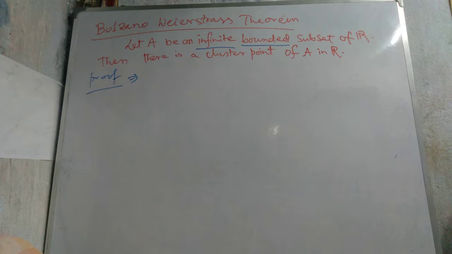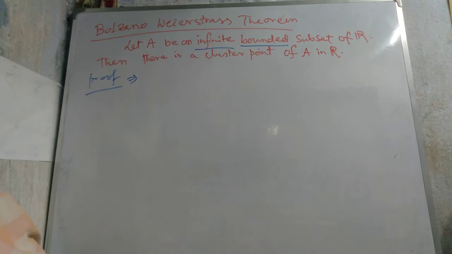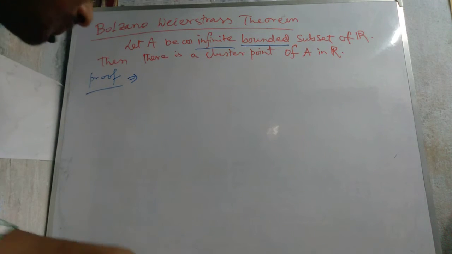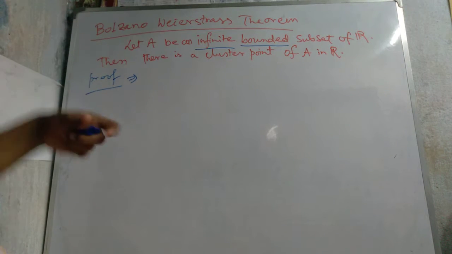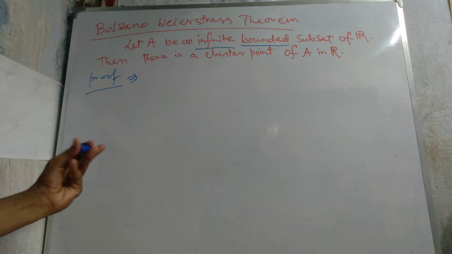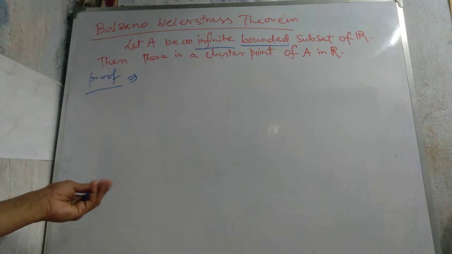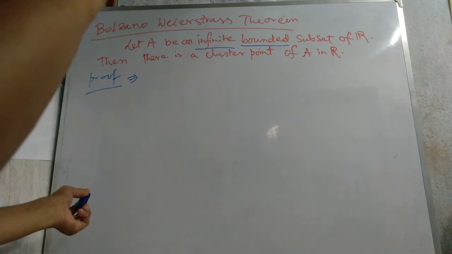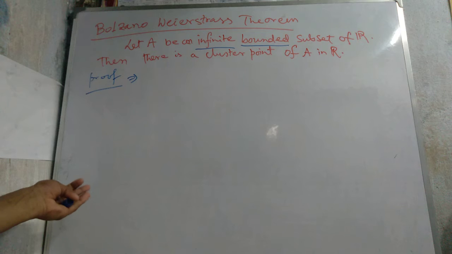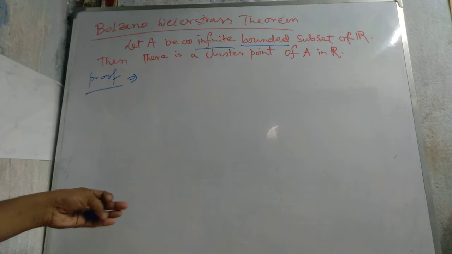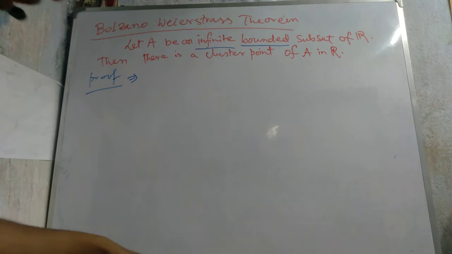This one is a standard theorem. So we start this proof. We understand A is infinite, not finite, that means it contains infinitely many elements. Bounded means all elements are bounded by some point of R, and then we find there is a cluster point, that means one accumulation point of A in R. Okay, how do we prove it?